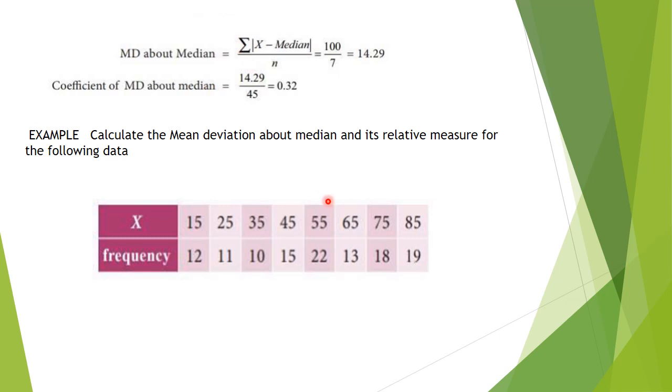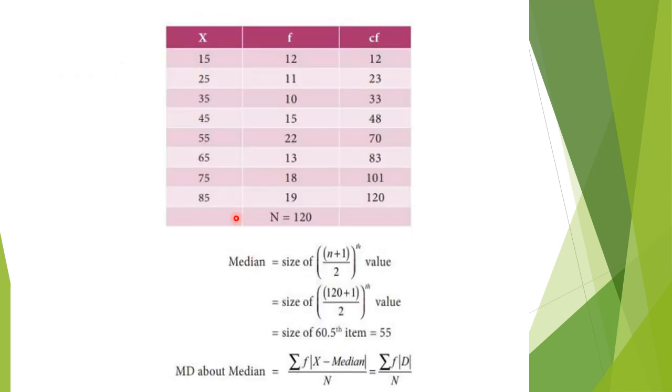Now for mean deviation about median in a discrete series, we will apply the formula of discrete series. This column is x, this column is f, and we will calculate first the cumulative frequency, and sum of the frequency is 120.